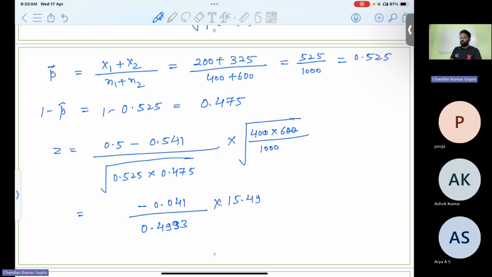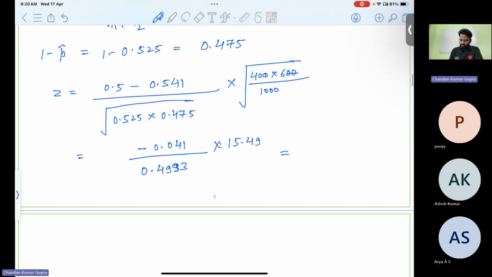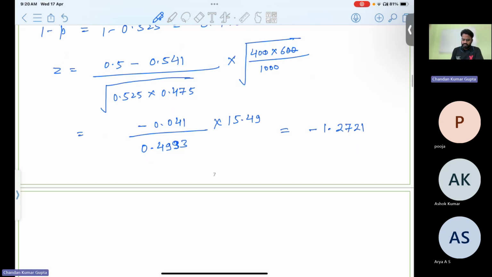Okay, please use your calculator as well in case any mistakes are there. So overall, after solving, it comes out to be minus 1.2721. Okay, so that means modulus of z is 1.2721.